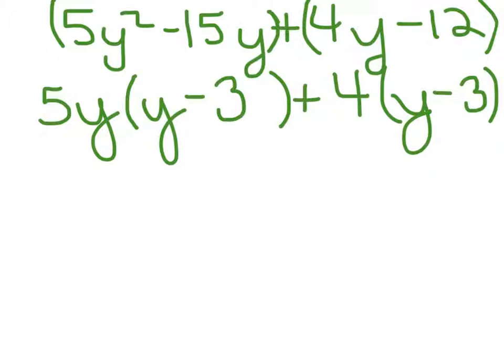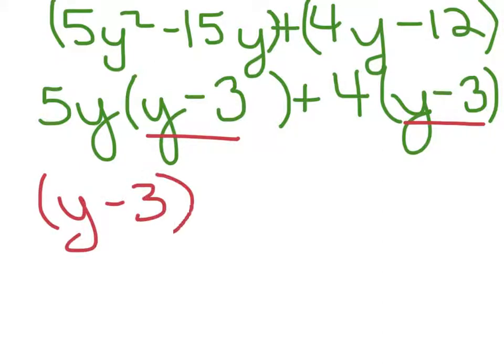Okay, now, if we look at these factors, we have 1, 2, 3 factors in this group, and 1, 2 factors in this group. We see that they do have a common factor between the 2 groups. So we are going to take out that greatest common factor and put it right there.